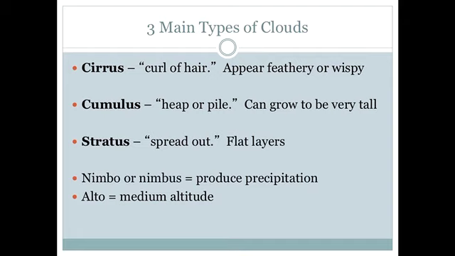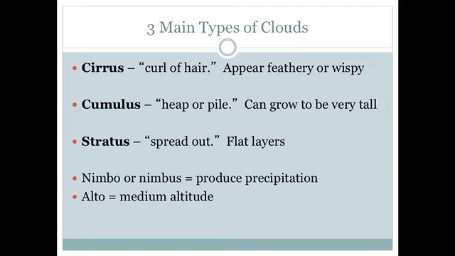Some key words or terms for you to know are nimbo or nimbus. If you were to add these prefixes or suffixes to one of these three main cloud types, that means that they then produce precipitation. So let's take, for instance, cumulus. Cumulus clouds themselves, do they produce precipitation?